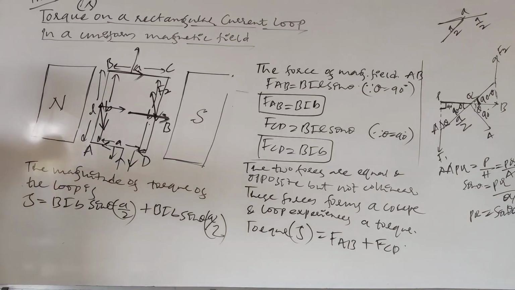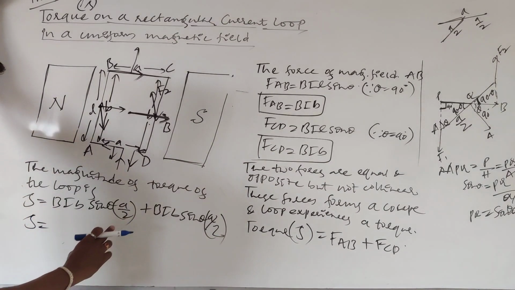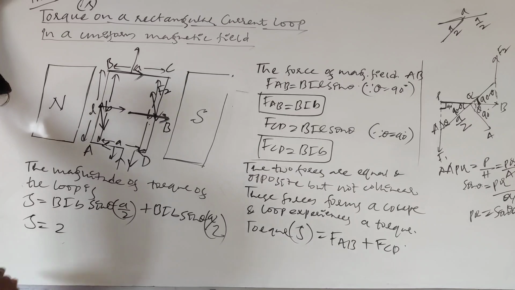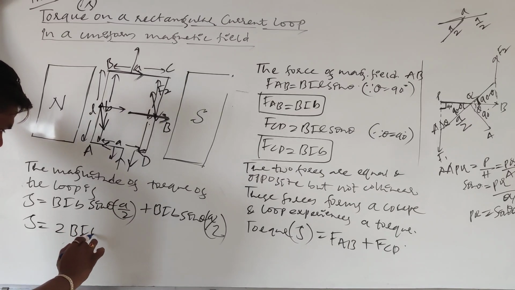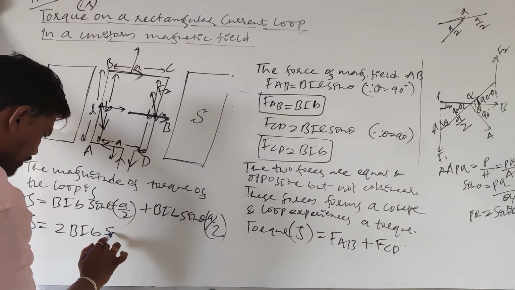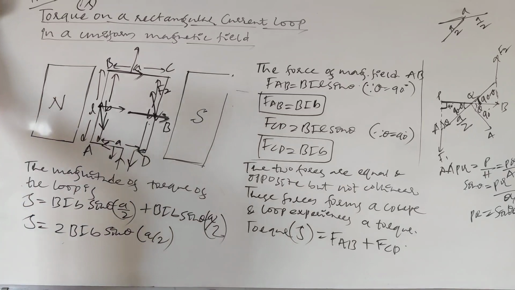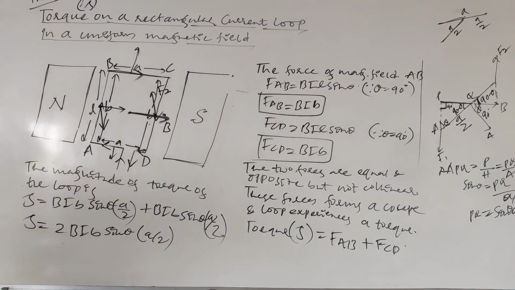Next, the two terms are the same, so the torque is equal to 2 BIb sin theta times A by 2.